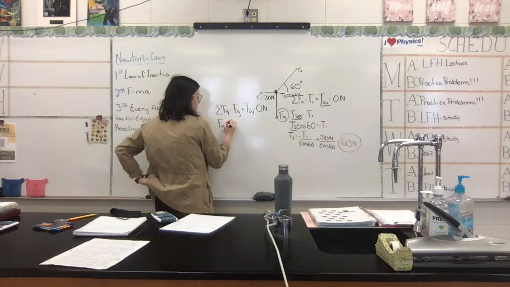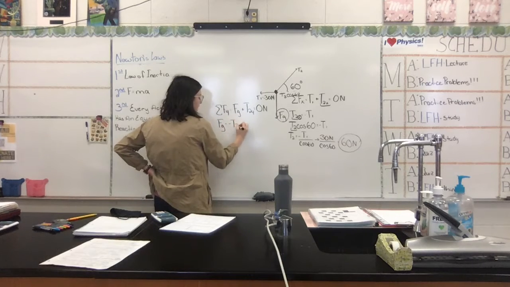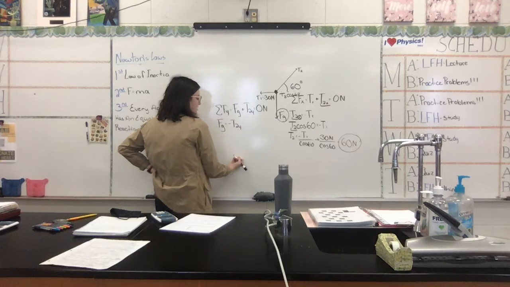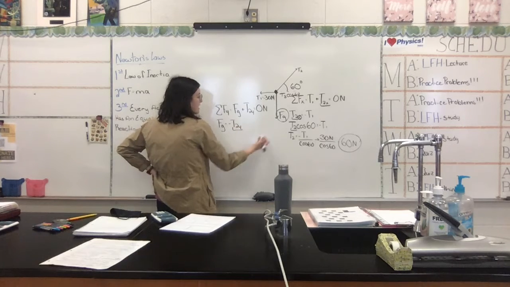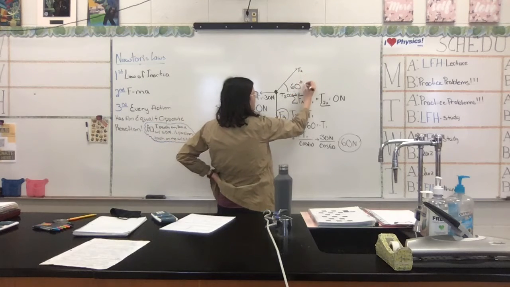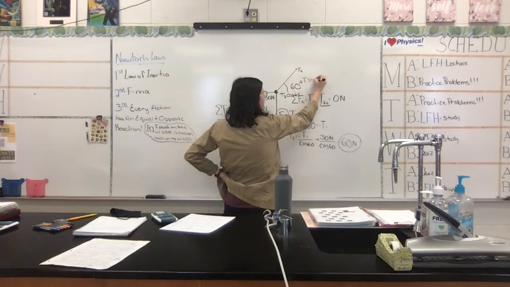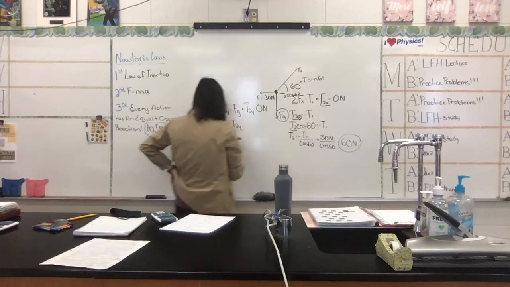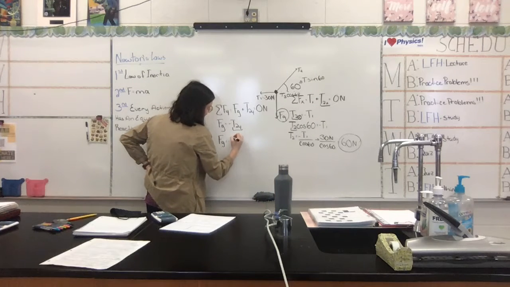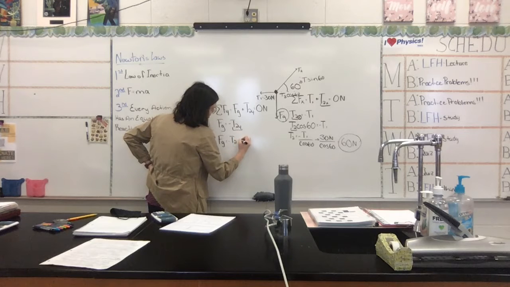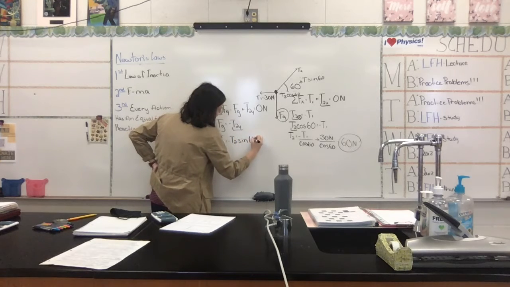To solve for the force of gravity, we subtract T2y from both sides. We know that T sine of 60 is that y component. So the force of gravity is equal to negative T2 sine of 60.